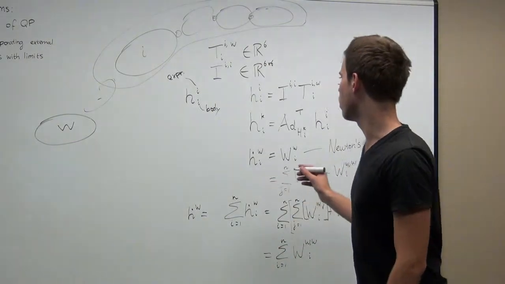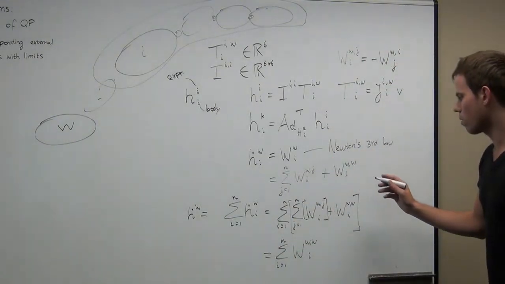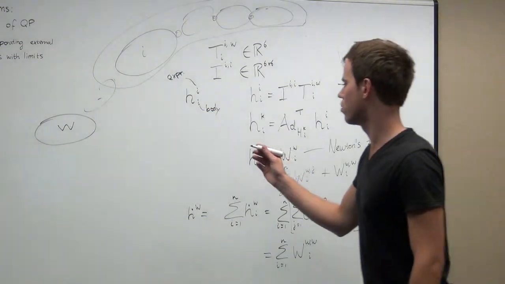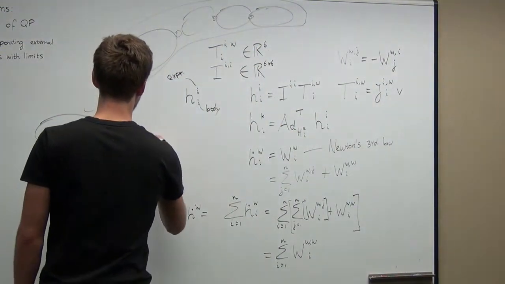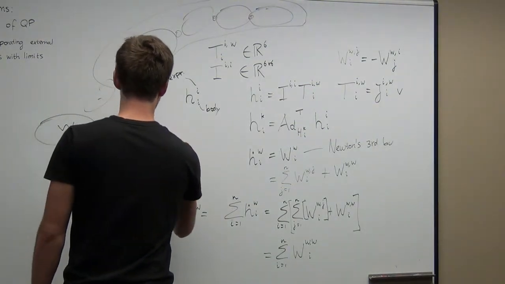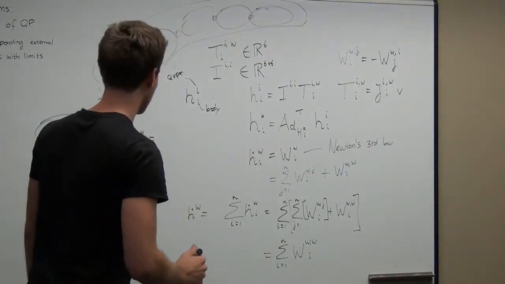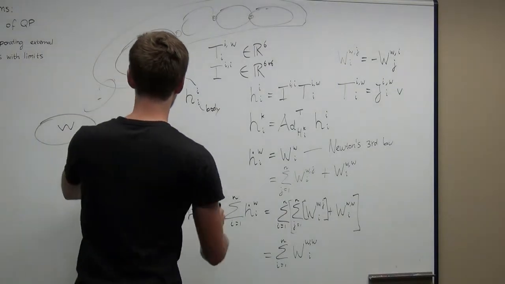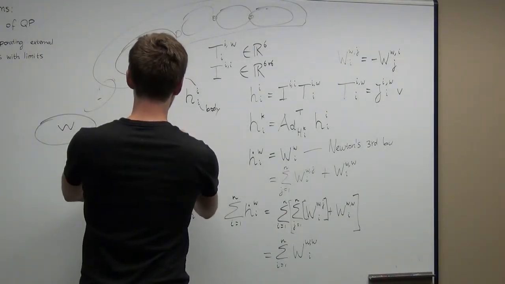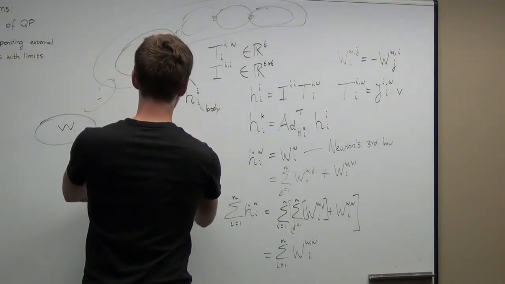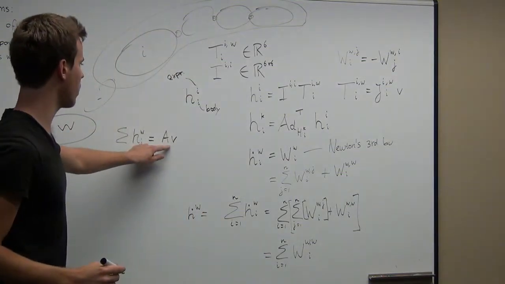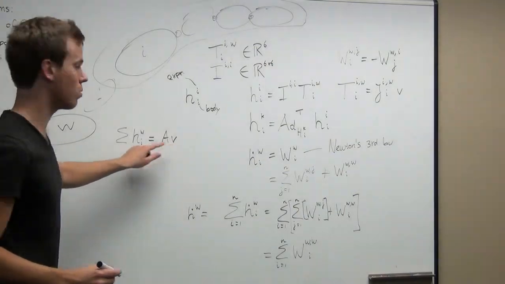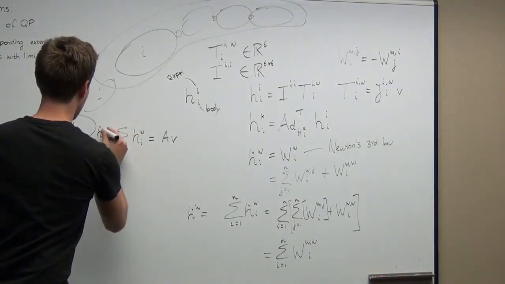So if we have the sum of the h's in world, this is h W basically.